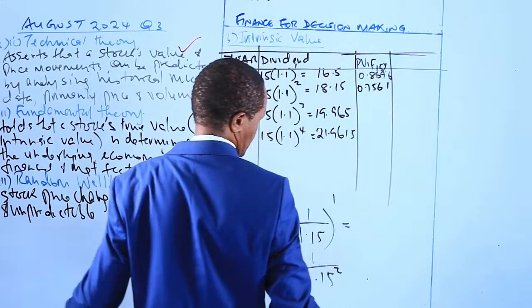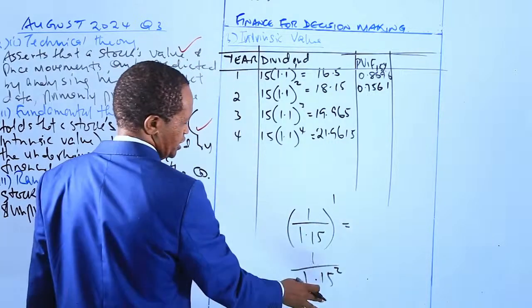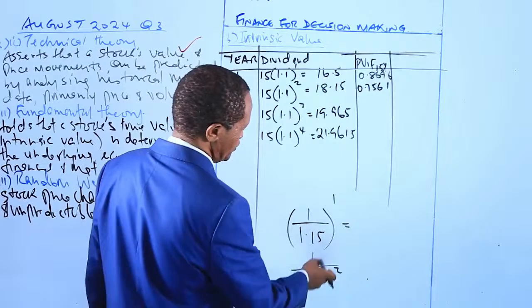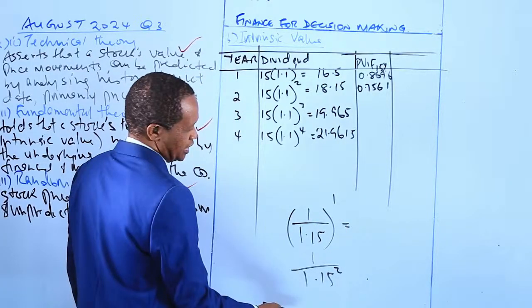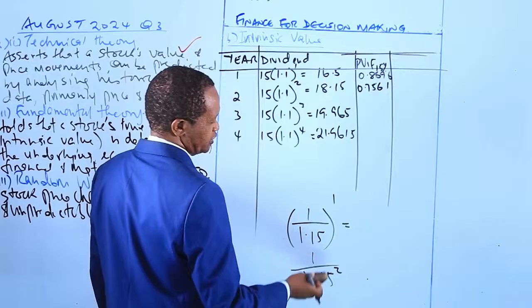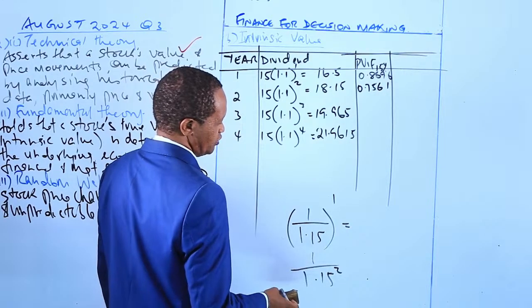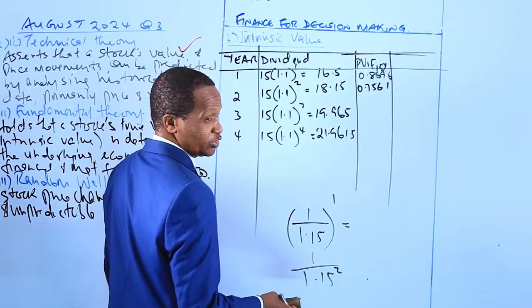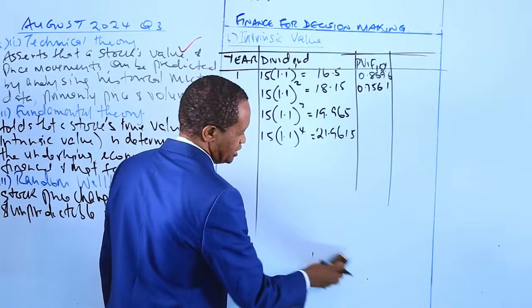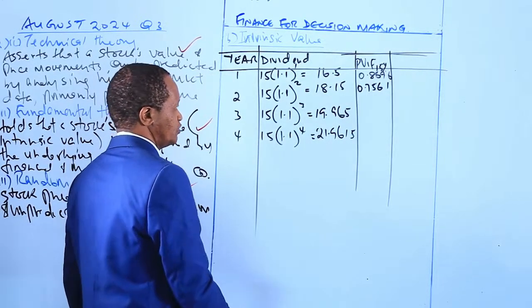This can be read directly from the table. If you are in the exam room, you don't have to do it this way, unless you are given a rate that cannot be read from the table, then you use this formula. But for the purposes of exam and time management, you don't have to go this long route. Just read directly from the table.